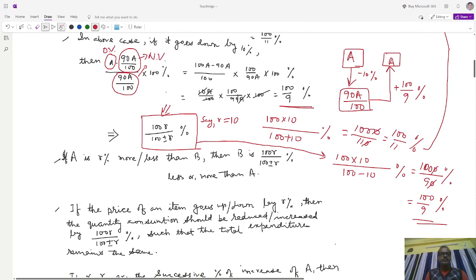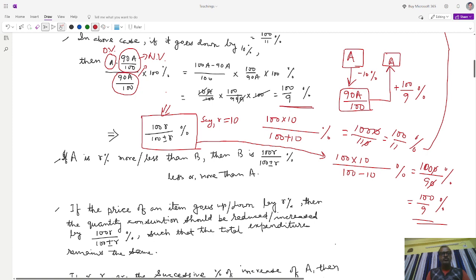Then I am going to discuss: if A is R% more or less than B, then B is 100R divided by 100 plus or minus R%. Okay. See here, these two items are exactly equal.